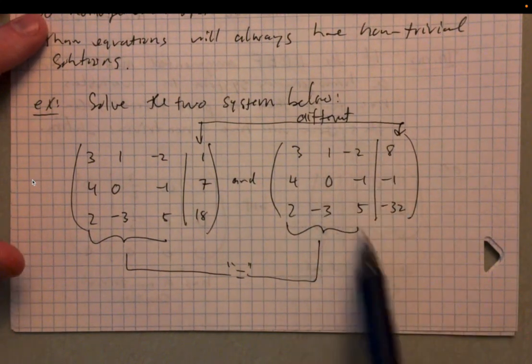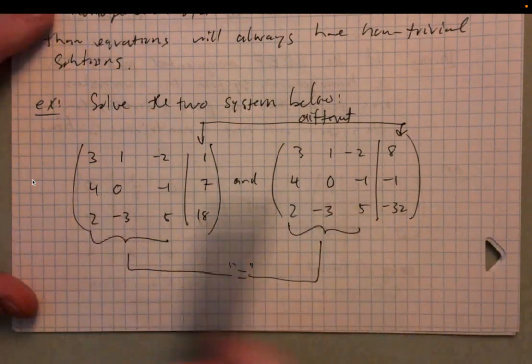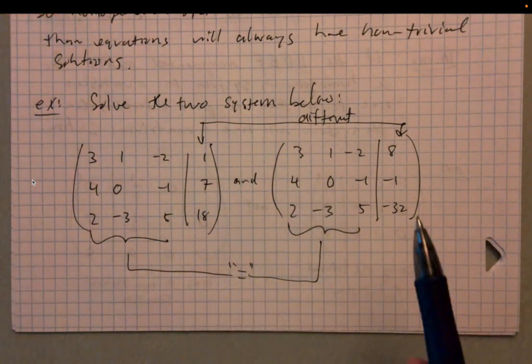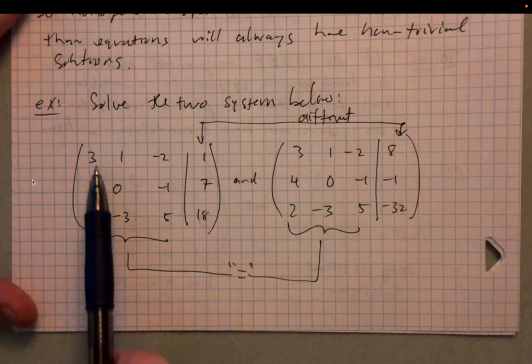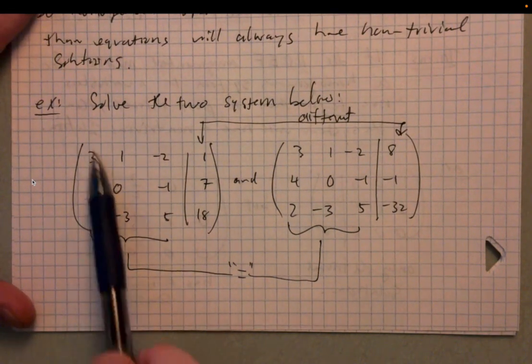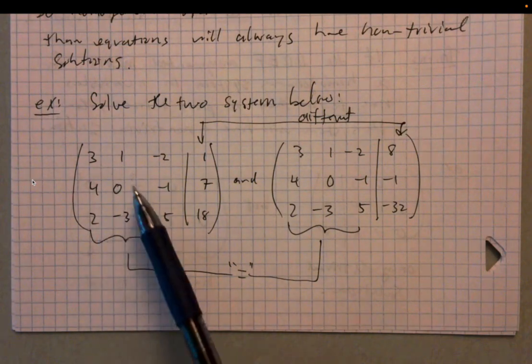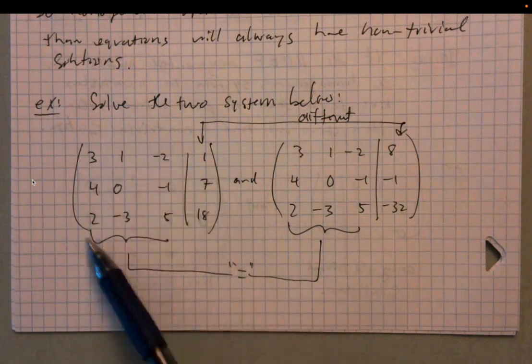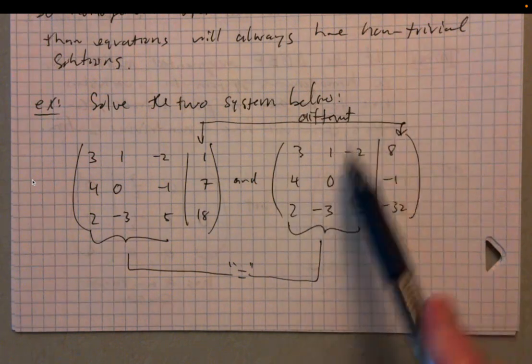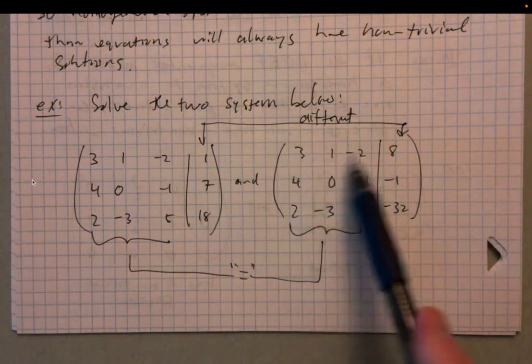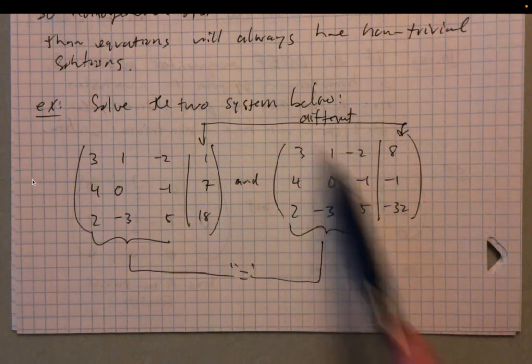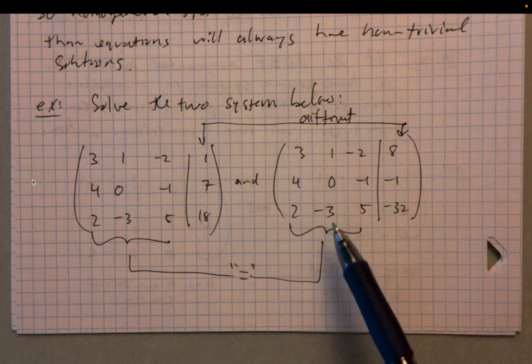Different system. But because the coefficient matrices are the same, all you're trying to do with Gauss-Jordan elimination is identify pivots in the coefficient matrix mainly, right? And so all of the operations that you do over here would be the same as the operations you'd want to do over here, because you're trying to convert this coefficient matrix into this particular form.